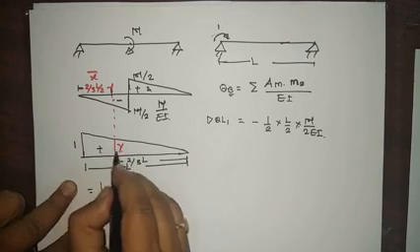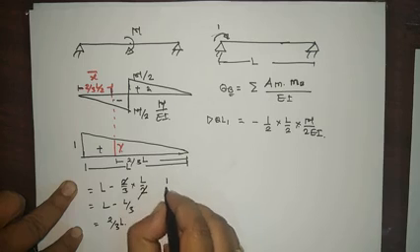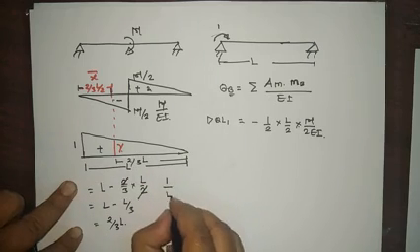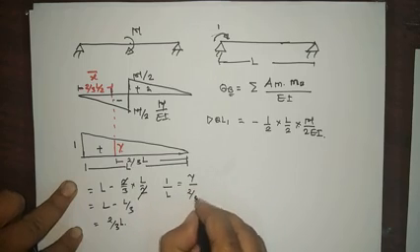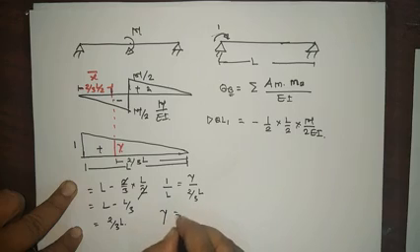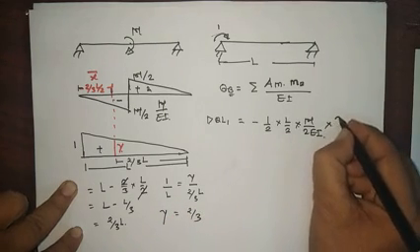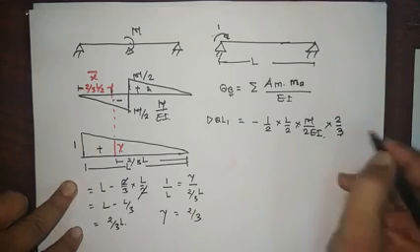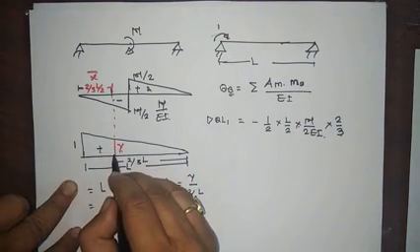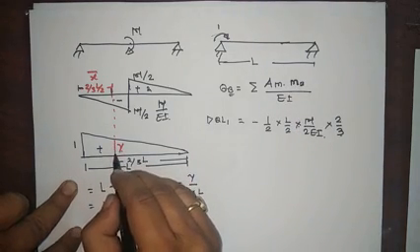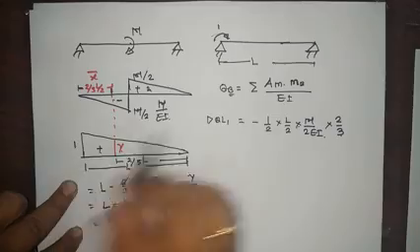So we want this height y. So this y, by similarity of triangles, 1 divided by L is equal to y divided by 2/3 of L. So this y becomes 2/3. So multiply here by 2/3. What is it? This is the MB. It means the ordinate in the small m diagram at the centroid of the M by EI diagram.